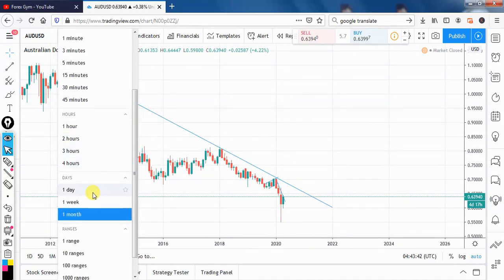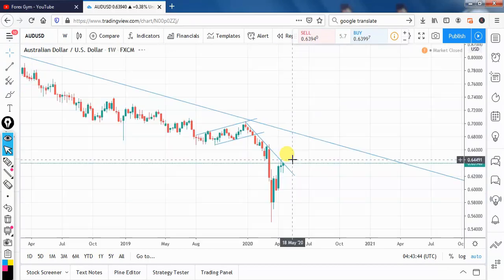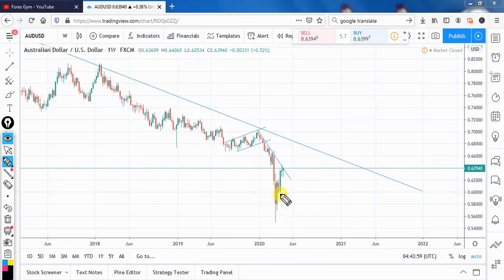Now let's drill down to the weekly time frame. We see these nice strong weekly bullish candles in here and in here, however for this week and last week it does not look that strong. We have this steep trend line in here, which price is trying to break.